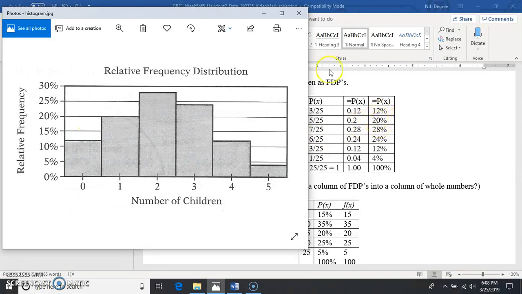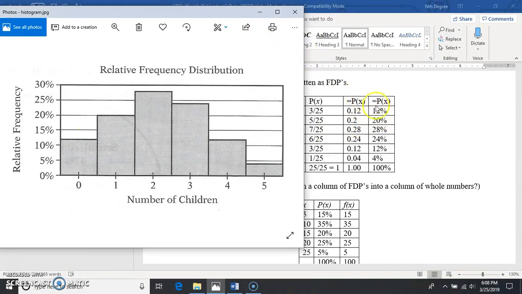So each one of these percentages is just going to get turned into the height of a rectangle. Number of children, 1, should be 20%. 2 children, 28%, etc., etc., etc. They all add up to 100%, which basically means that the area under this curve is 1.